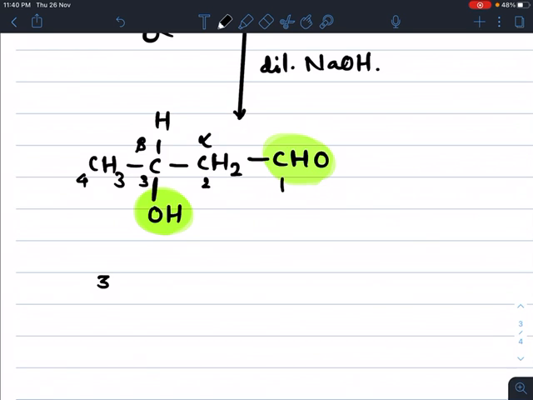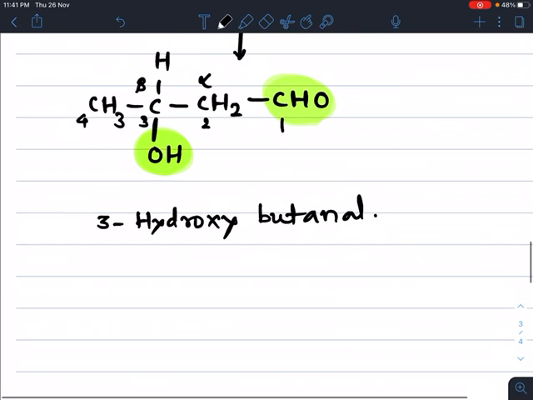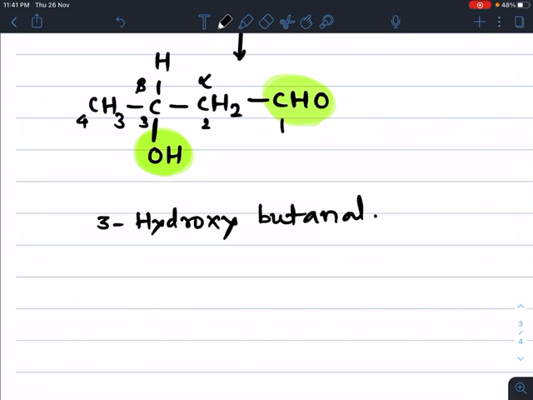At position 3 the OH group is attached, so 3-hydroxy, and a 4 carbon straight chain aldehyde, butanal. So 3-hydroxybutanal is formed, and when it undergoes elimination after heating, alpha beta elimination takes place: one hydrogen from the alpha carbon is removed along with the OH group on the beta carbon.